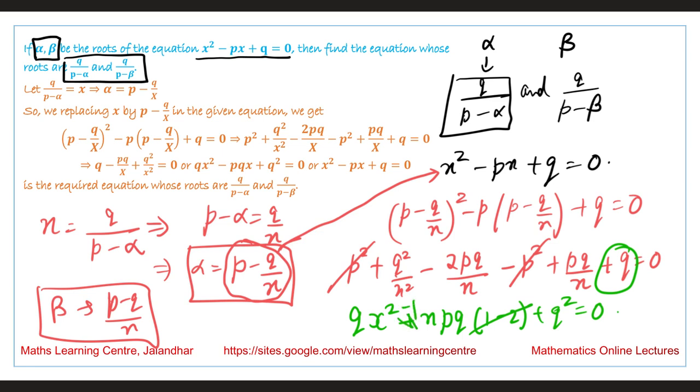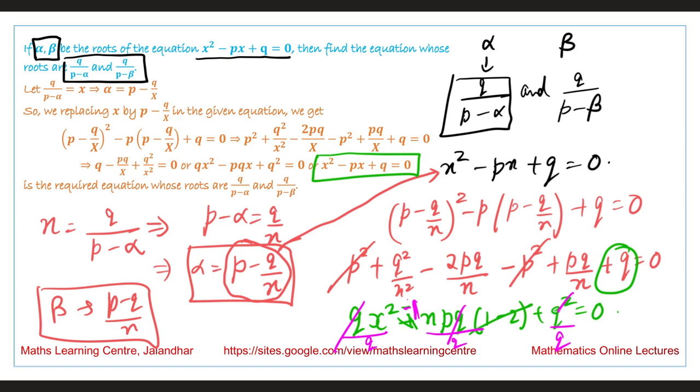So the equation we will have is x square minus, we are dividing this whole equation by q, or we take q common. So this q is cancelled. Next we have minus 1, this q is cancelled, this q is cancelled.